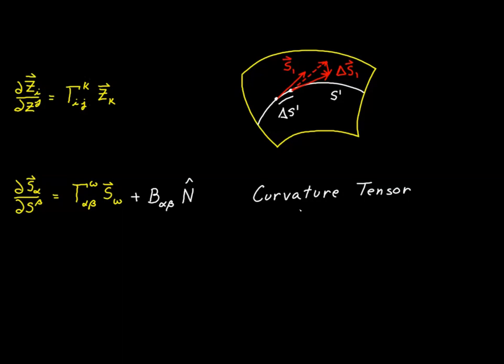Okay, so let's take a few minutes to see if we can derive some basic properties of this new object, this curvature tensor. Well, first of all, I said it's a tensor, so how do we know that it's a tensor? Well, we can see that pretty quickly simply by using our quotient theorem. And here's how we do that. Over here, we know this is a vector. We know this is a vector. It's a linear combination using a known vector and scalar quantities. So let's subtract this term from both sides, moving it over here. So we'd have a vector minus a vector, which of course you know gives us a vector.